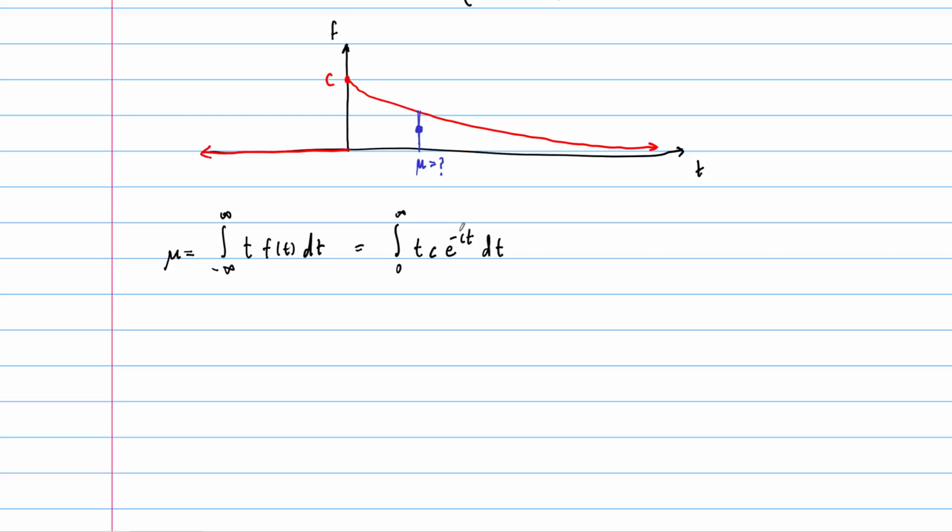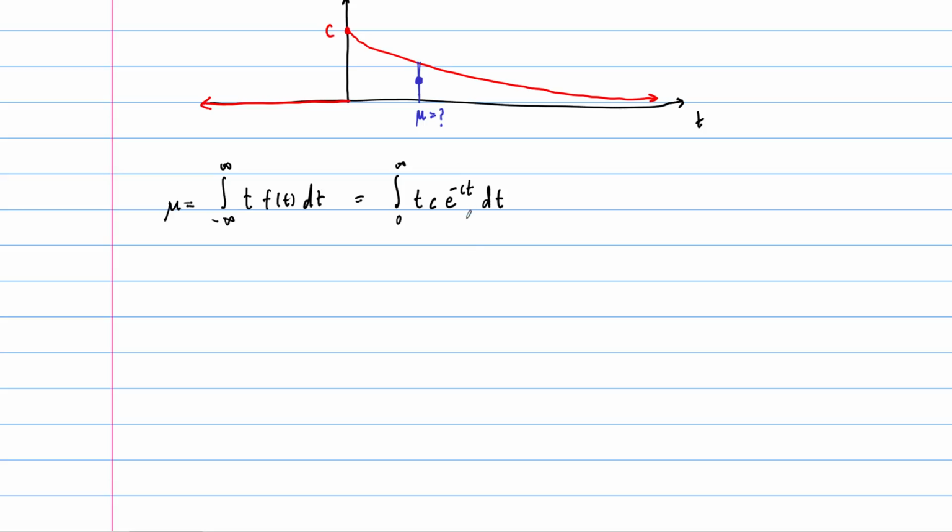And you can probably guess this one has to be done by integration by parts. So what are we going to do? We're going to let this be our u, and that leaves all of this to be our dv. We can do this by our table method. So this is really ct, c, 0.